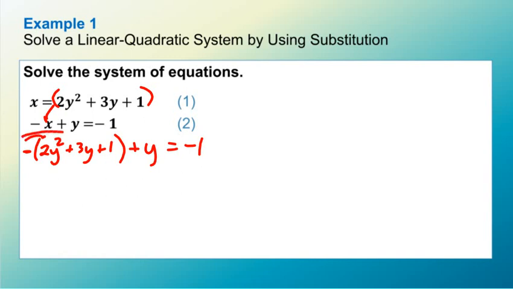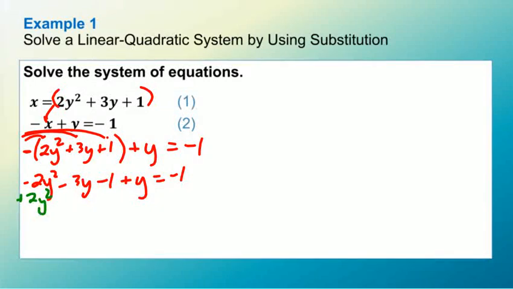So if I distribute the negative 1 here, I now have negative 2y squared minus 3y minus 1 plus y equals negative 1. I want to get everything to one side, and I'm going to make my y squared positive. So I'm going to add 2y squared, add 3y, add 1, and subtract y on both sides.